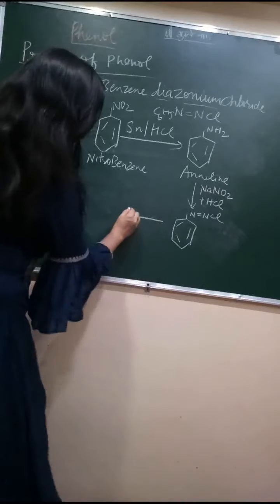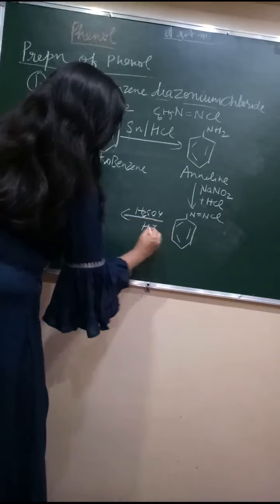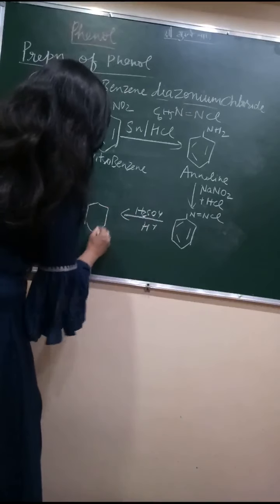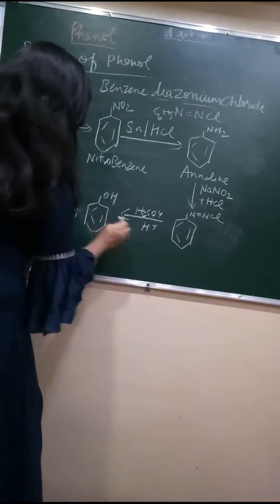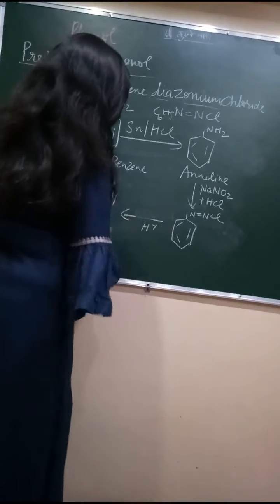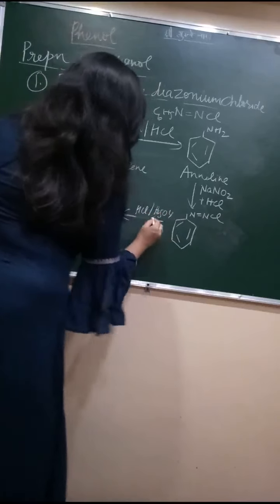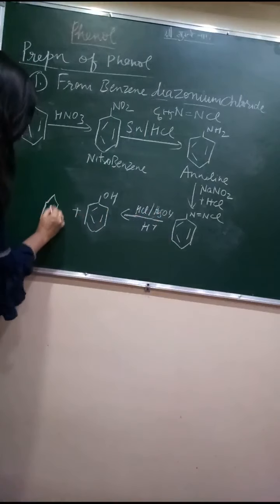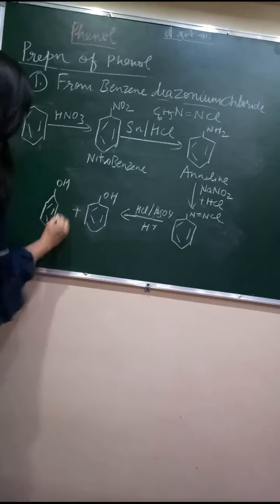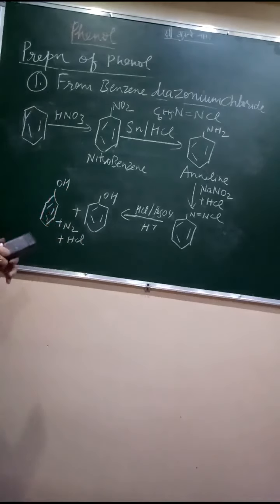On further hydrolysis with acid, we get phenol, and we can take H2SO4 or HCl, anything. What we get is phenol plus N2 and HCl as the products.